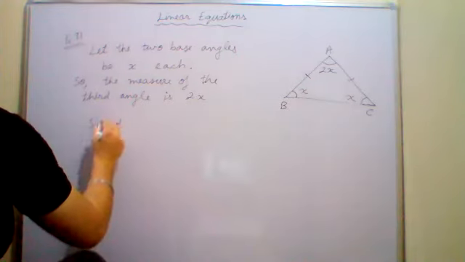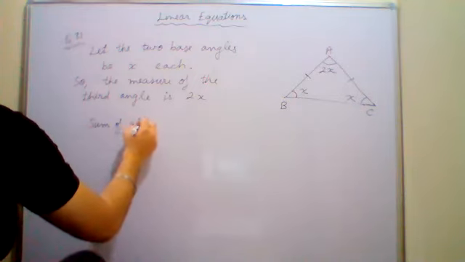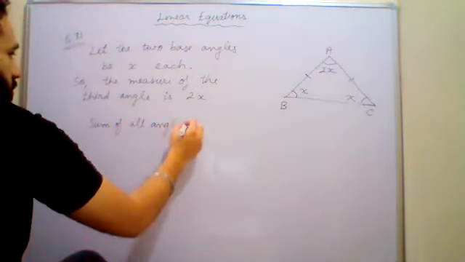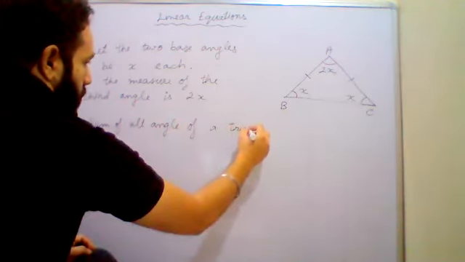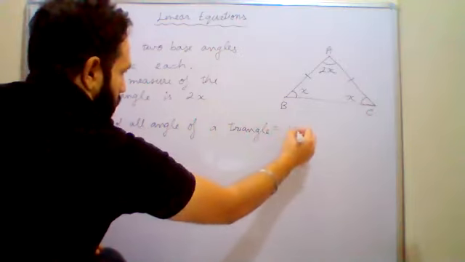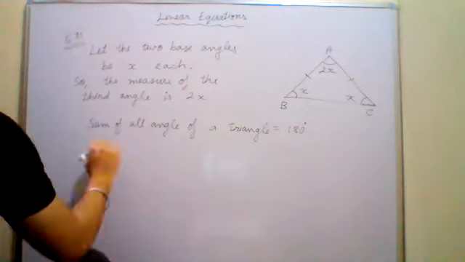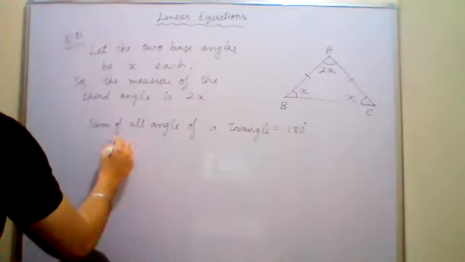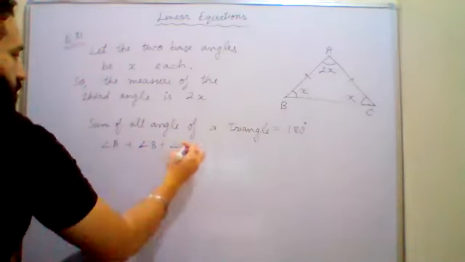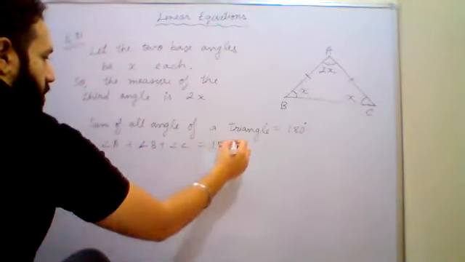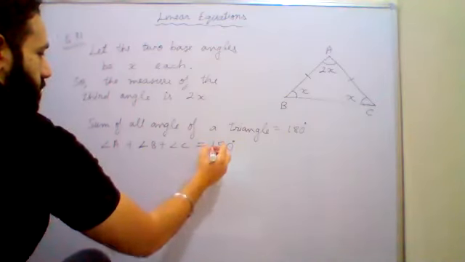Sum of all angles of a triangle is equal to 180 degrees. Therefore, angle A plus angle B plus angle C, adding all the three angles, is equal to 180 degrees. These are the three angles, angle A, angle B, and angle C.